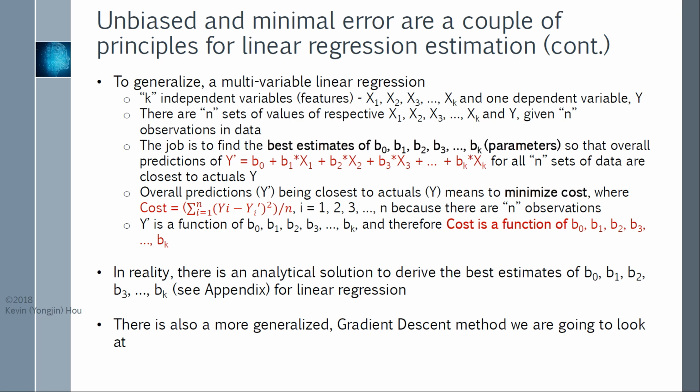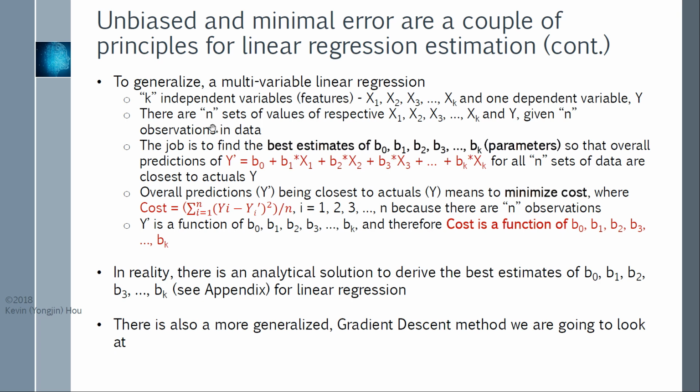Now, let's look at the summary again. Here, our notation is we have k independent variables, x1, x2, x3, all the way to xk, and only one dependent variable, y.